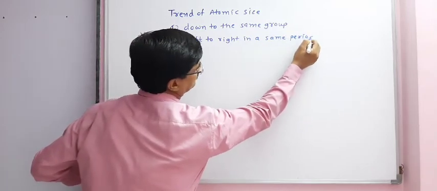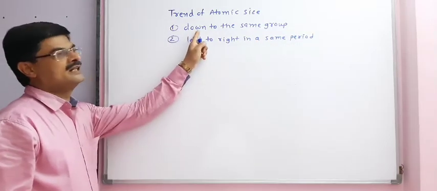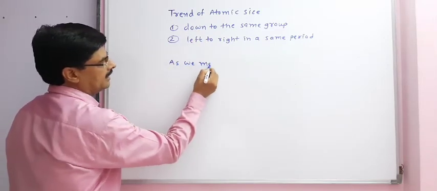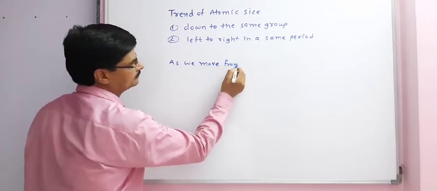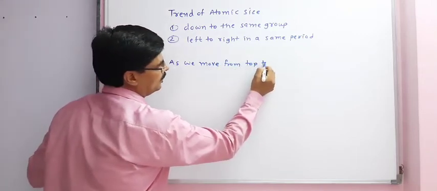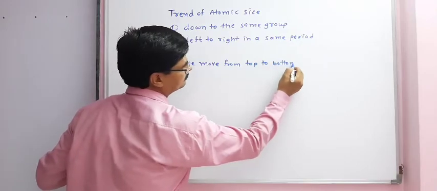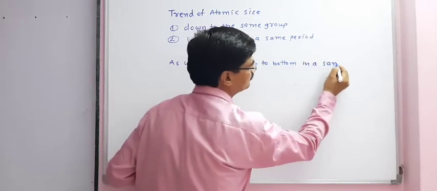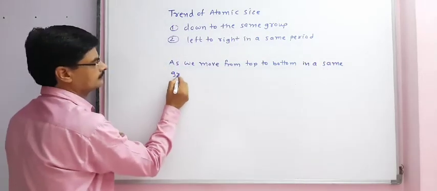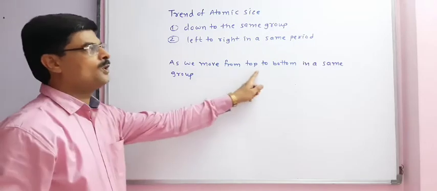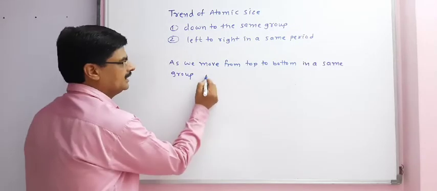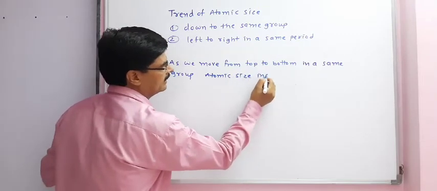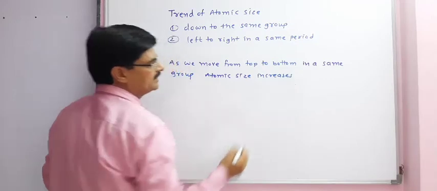First we understand down the same group. As we move from top to bottom in the same group, atomic size increases.